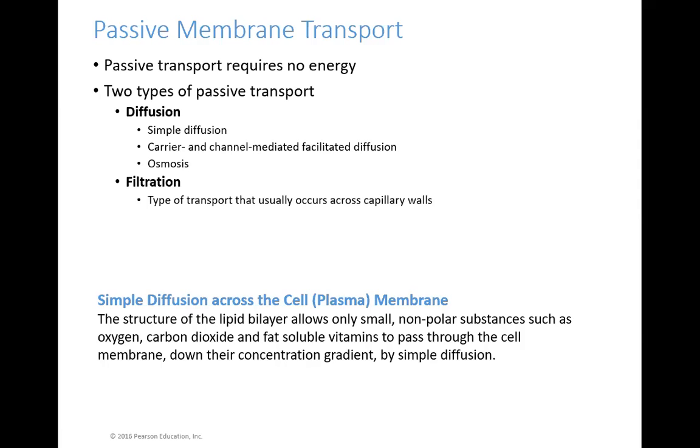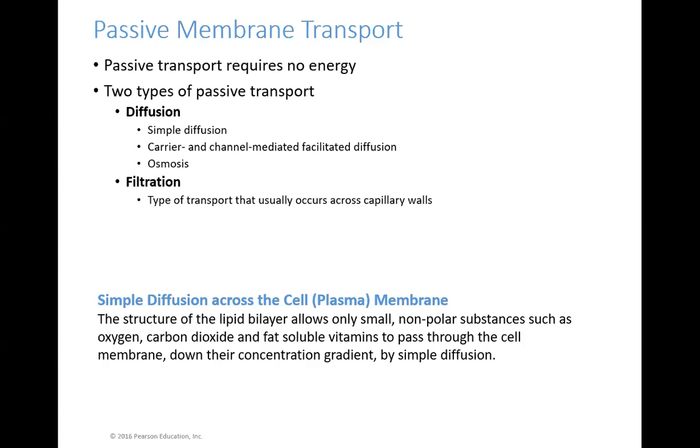There's always more oxygen outside the cell in our blood than there is inside the cell. So oxygen will always move across the cell membrane very easily. Carbon dioxide always leaves the cell through simple diffusion. There's always more carbon dioxide inside a cell than outside the cell in the plasma. Carbon dioxide leaves. There's no cost for this.